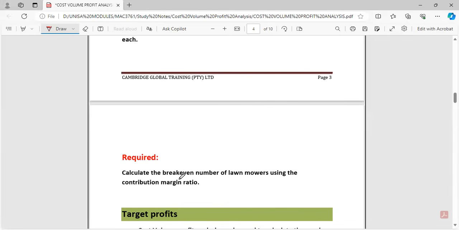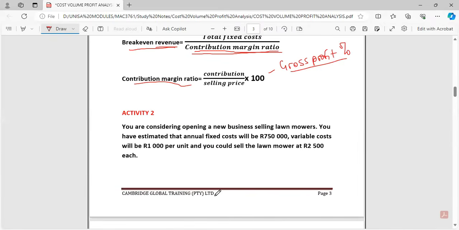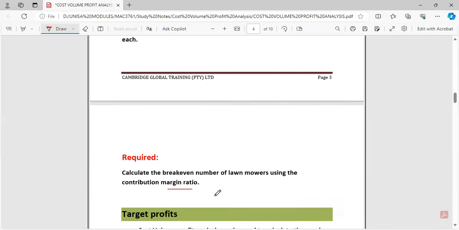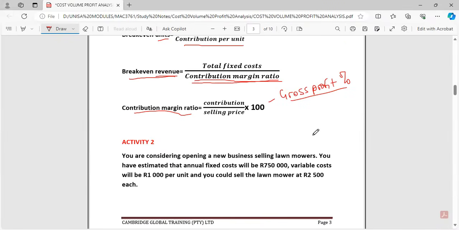You are required to calculate the break-even number of lawnmowers using the contribution margin ratio. So here you are required to use the contribution margin ratio. So the first thing that you need here is your contribution margin ratio. So you come here and do your contribution margin ratio.